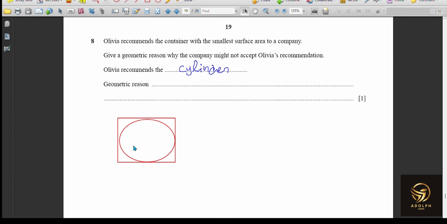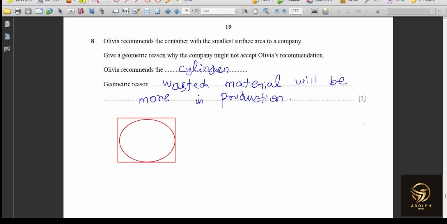Because this is the one we can make easily, and when we cut it for the cylinder, wasted material is high. So why will the company not accept it? Wasted material will be more in production, because when they are going for the production of this container, there will be more wasted material. So that's why the company might not accept Olivia's recommendation.